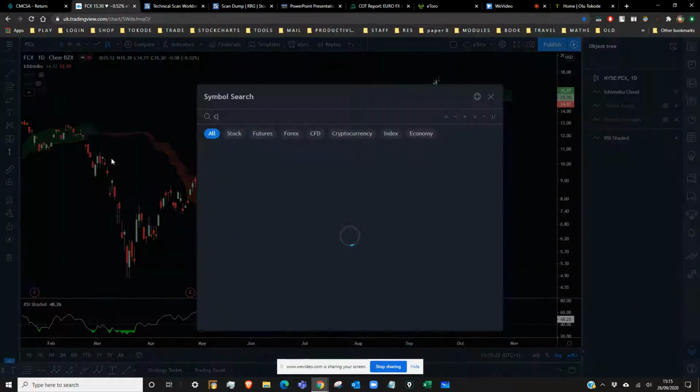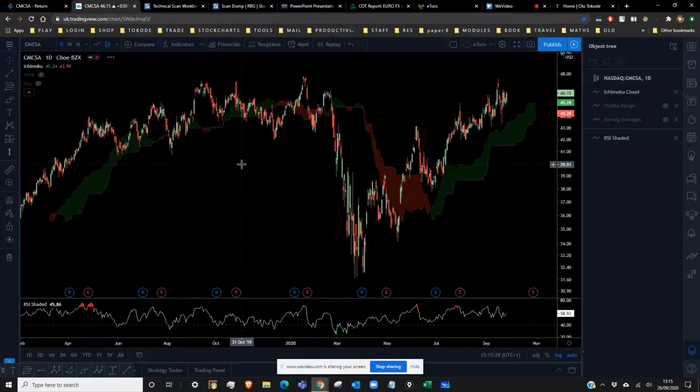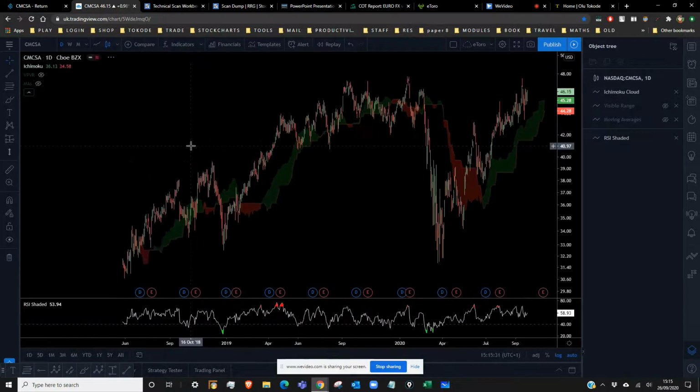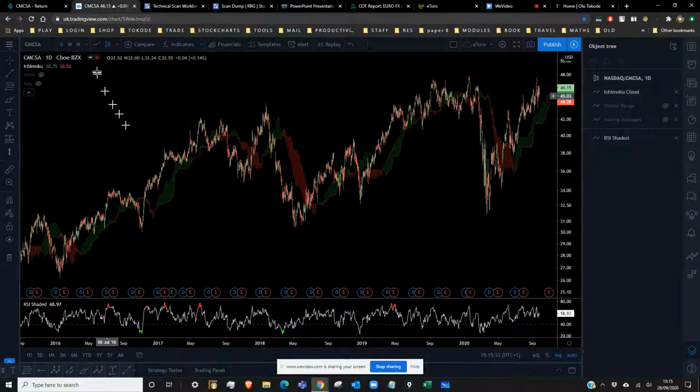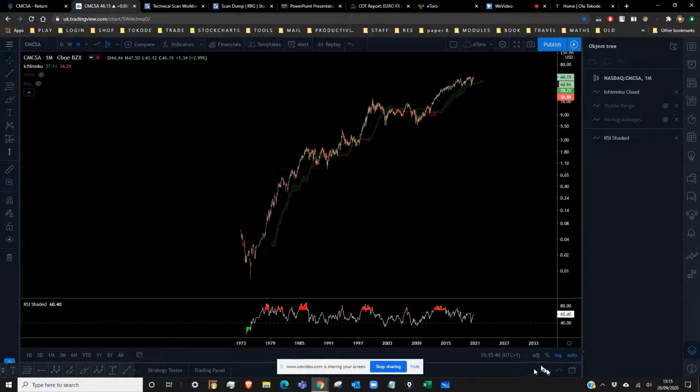How about Comcast? CMCSA. Okay, this is the first time I'm looking at the chart of Comcast, and it's not looking bad. Wow, that's good. This is the log chart.